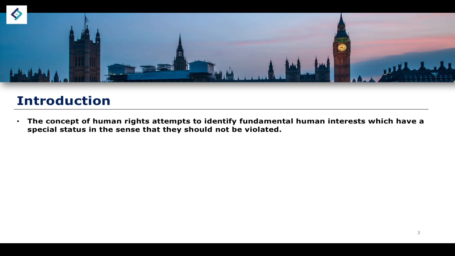Now, one of the things that is interesting here is that essentially what the concept of human rights does is recognize that there are some fundamental characteristics that are applicable to every single human being, regardless of where you are from and regardless of whereabouts on the socioeconomic ladder you may be, your ethnicity, your race, your gender, your sexual orientation, etc., and that these rights ought not be violated.